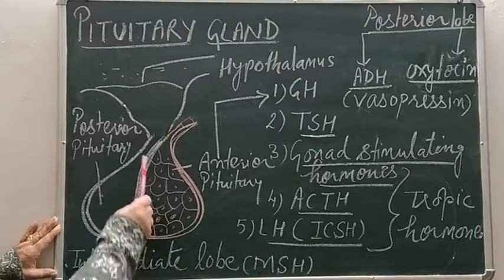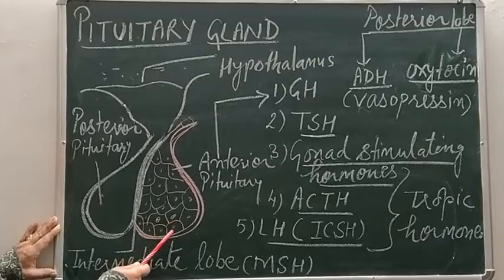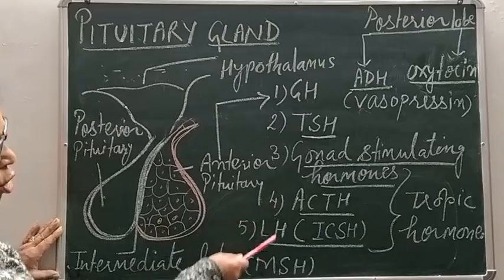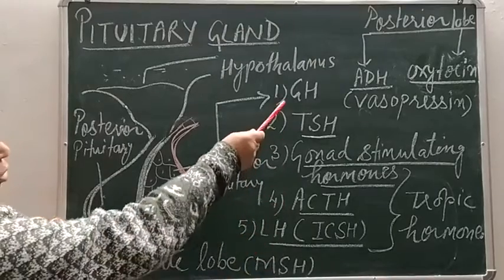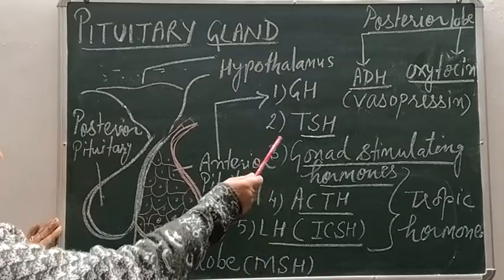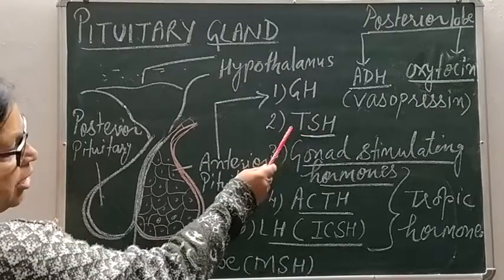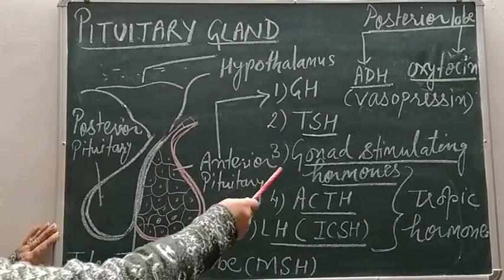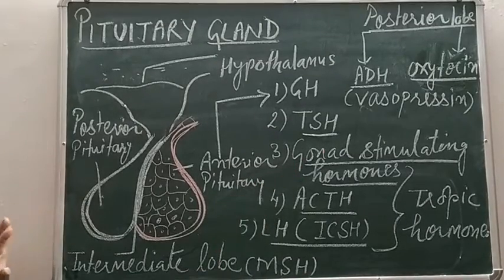So first we'll see which hormones are secreted by the anterior lobe. First hormone is GH, growth hormone. Second is TSH, thyroid stimulating hormone. Third is gonad stimulating hormone.